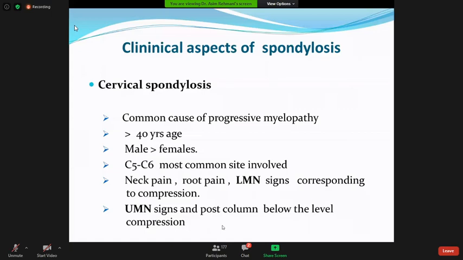C56 is the most common site involved because this is the most mobile part of the cervical spine. And as the mobility increases, the chances of degeneration or stress injuries increases. That is why C56 is the most common level which is involved in cervical spondylosis.